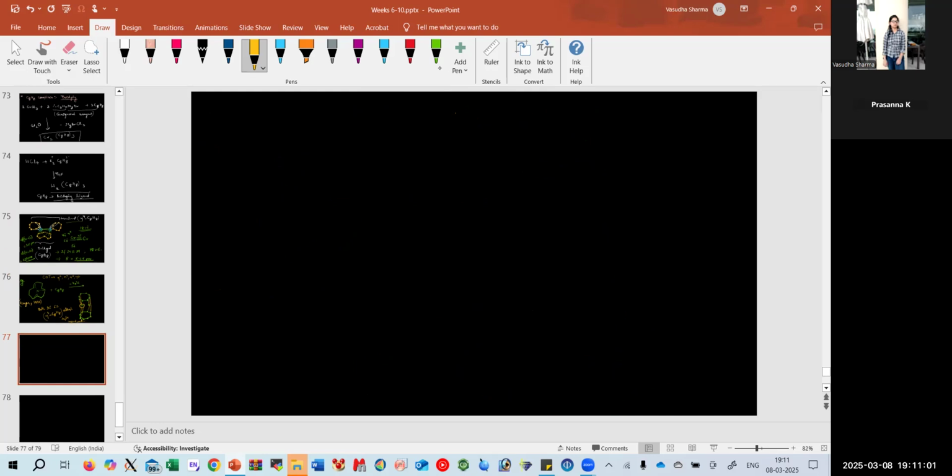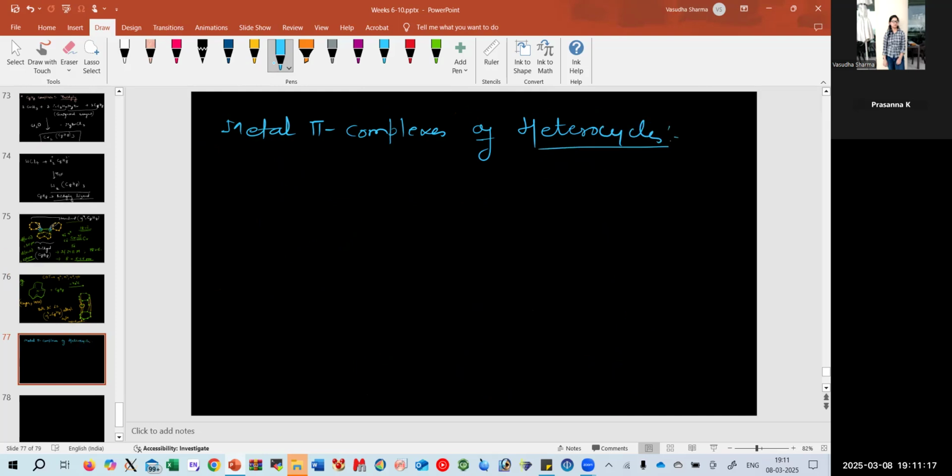So moving ahead with our next topic, which is from lecture 34, and that is metal pi complexes of heterocycles. We are already very well aware of what a heterocycle is: anything which is apart from carbon and hydrogen.